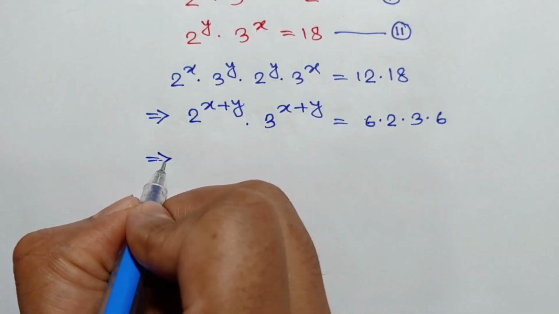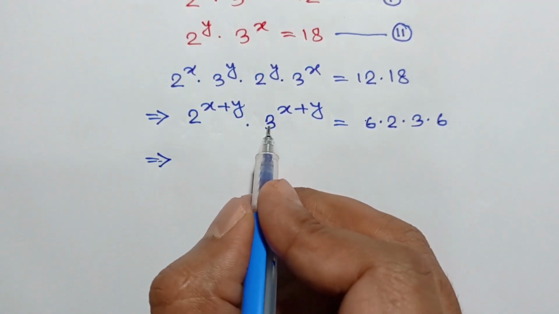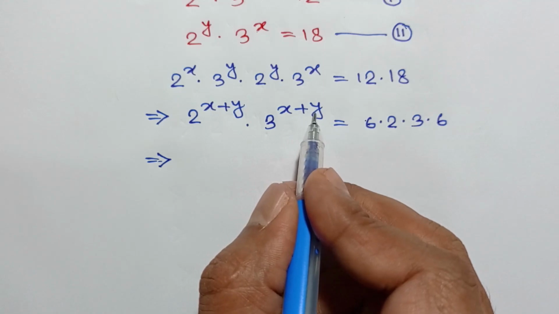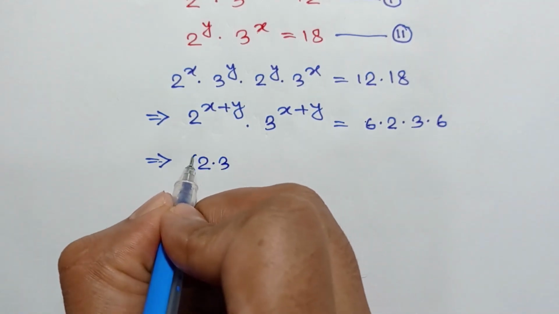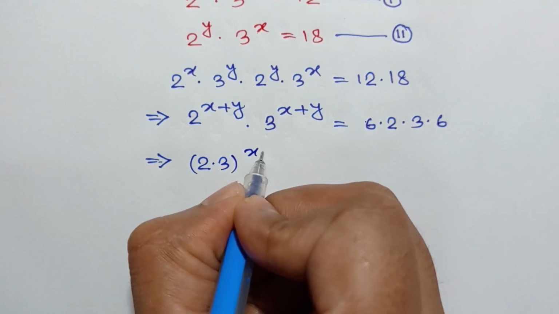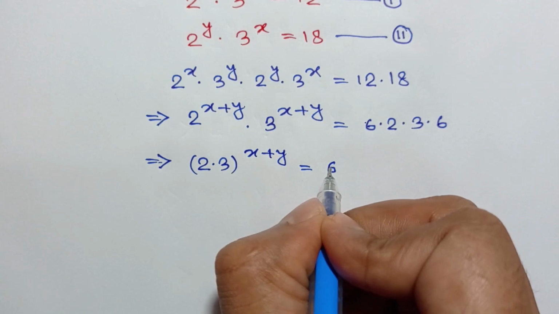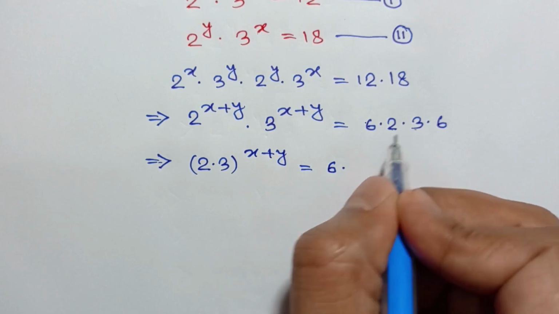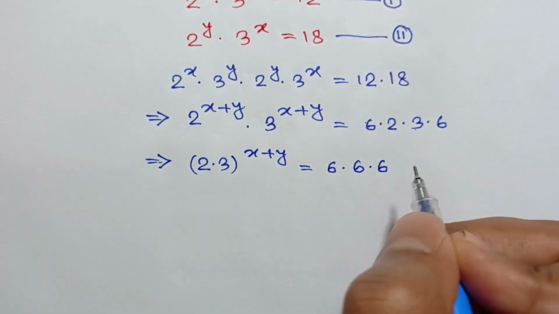Or 2^(x+y) times 3^(x+y) is equal to (2 times 3)^(x+y) is equal to 6 times 2 times 3, which is 6 times this 6.